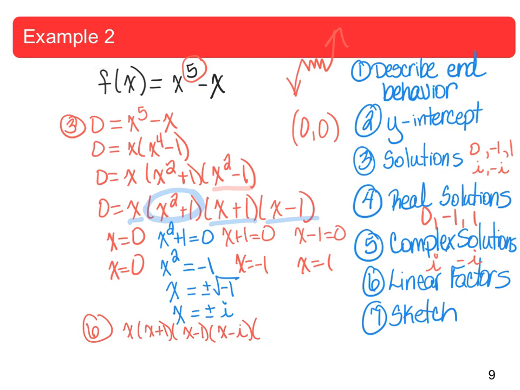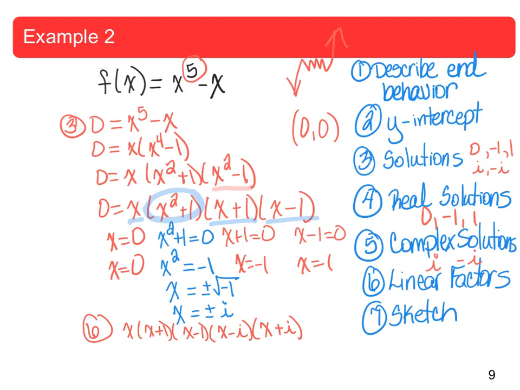Then if I have -i as a solution, what's the factor associated with that? Okay? So students typically do okay with the solutions, and sometimes they get confused between the real and the complex. So I wanted to really identify that clearly, the difference between the real and the complex.